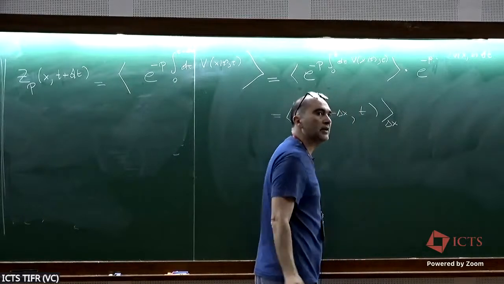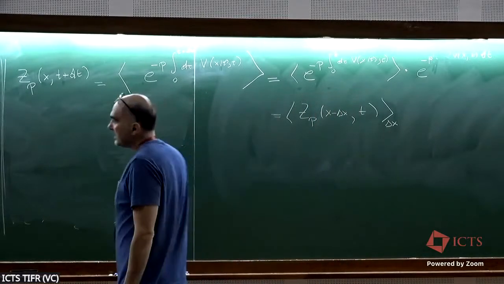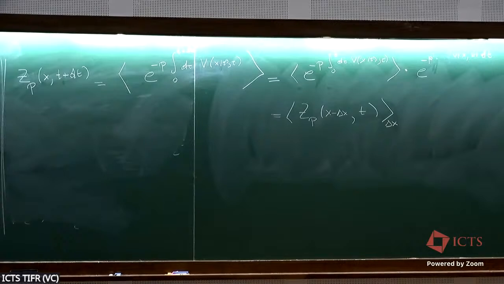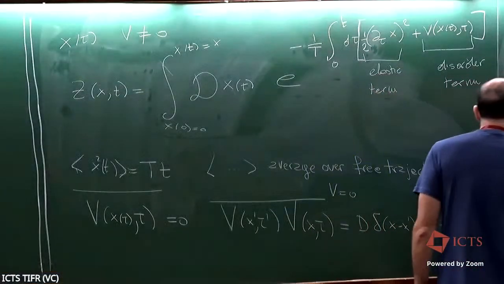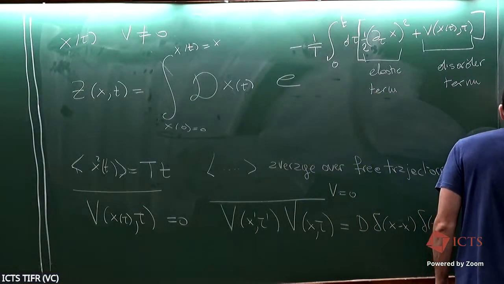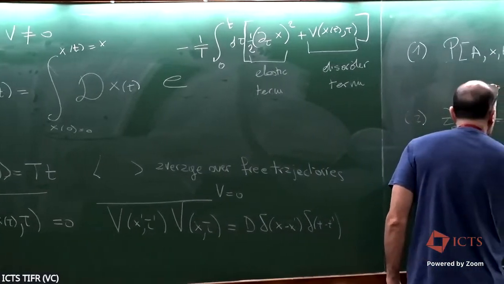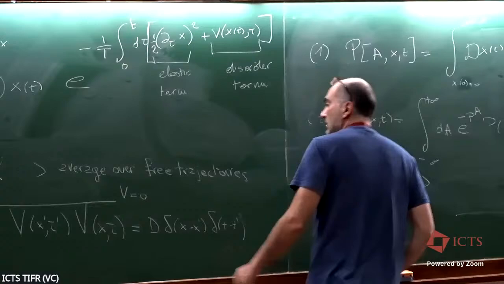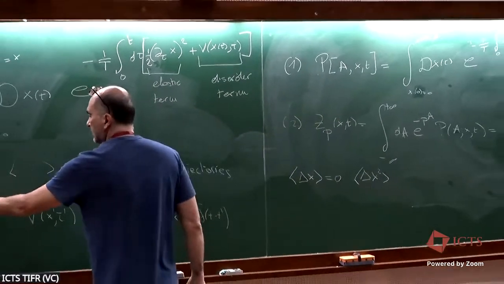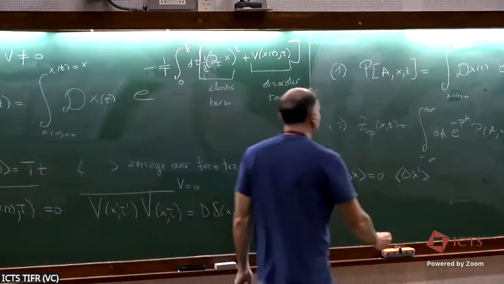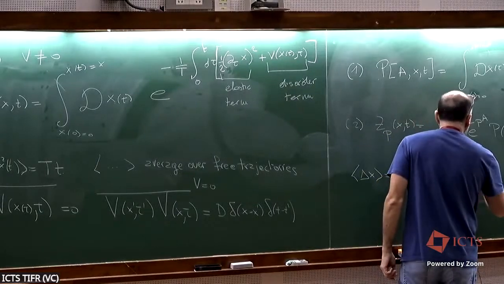This is the average over delta x, and because delta x was a free path, and this was the mean square displacement, I have the delta x average is equal to 0, and delta x squared, if the jump is of delta t, will be capital T dt.